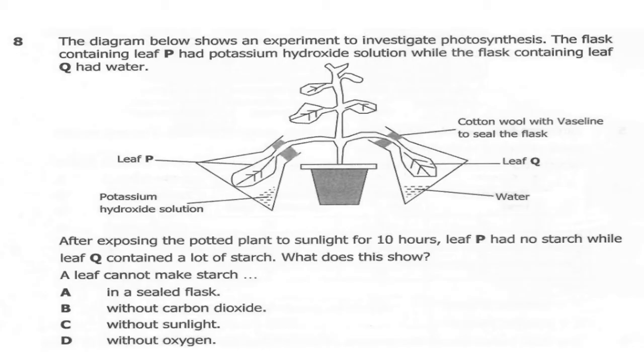What does this show? A leaf cannot make starch: A, in a sealed flask. B, without carbon dioxide. C, without sunlight. D, without oxygen. So what's the correct answer, chat? Is it A, B, C, or D? You can drop your answer in the comment section.